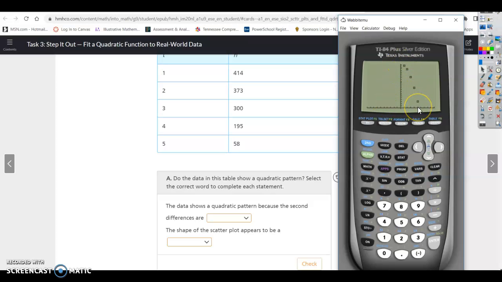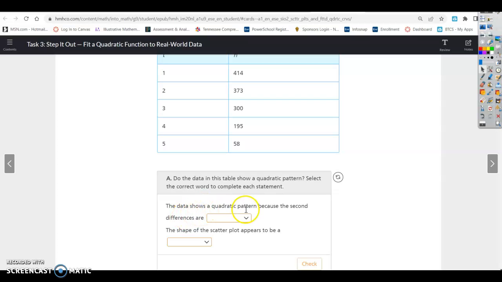So you can use your calculator to see if this is a quadratic function or not. And we're going to use our calculator in a few minutes to even write an equation for us. So we're going to say the data shows a quadratic pattern because the second difference is constant. The shape of the scatter plots appear to be a parabola.